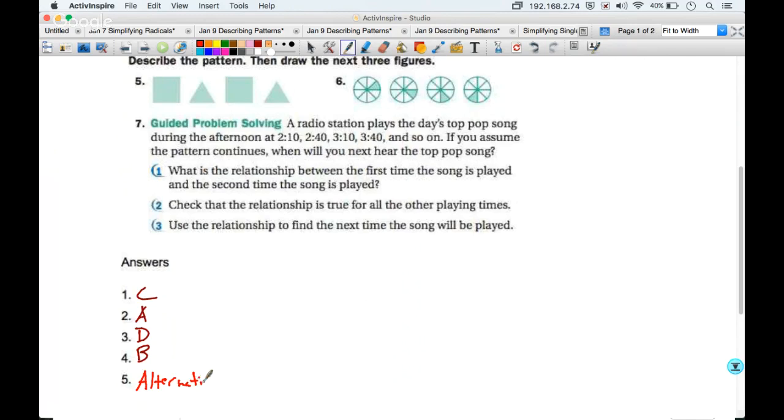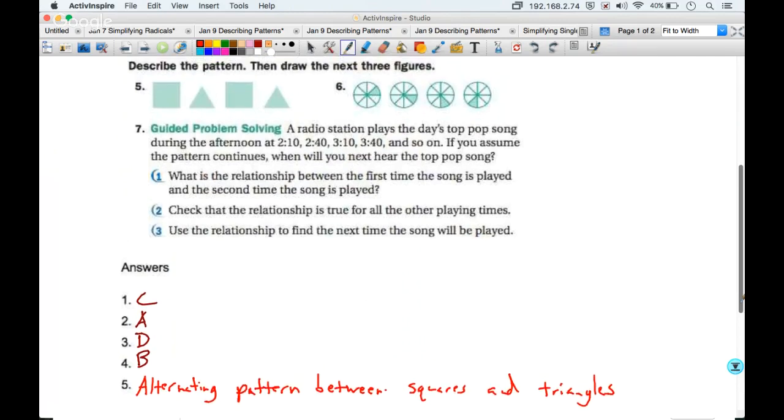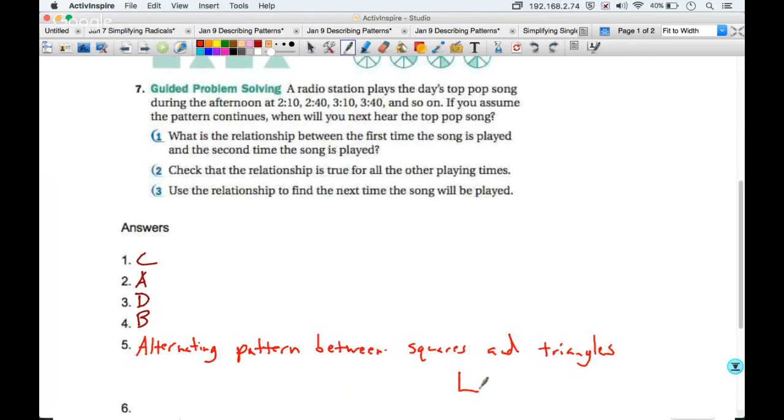An alternating pattern between squares and triangles. The next 3 figures in that pattern will be a square, a triangle, and then another square. So it alternates back and forth.